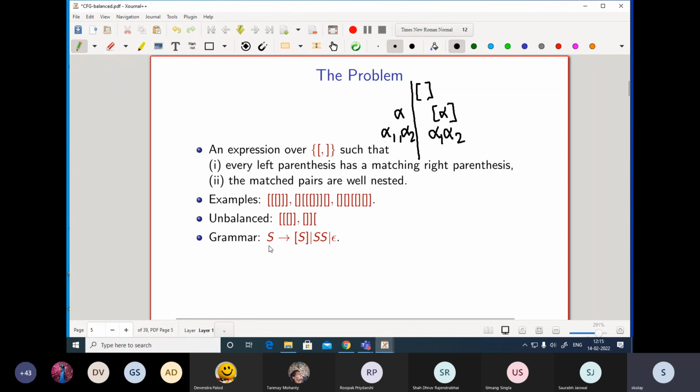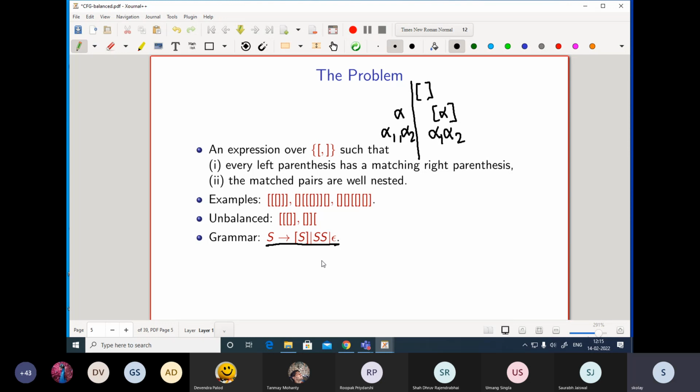Intuitively, this seems to be a grammar that captures this structure. The productions will be S going to left bracket S right bracket, or S going to SS, or S going to epsilon.